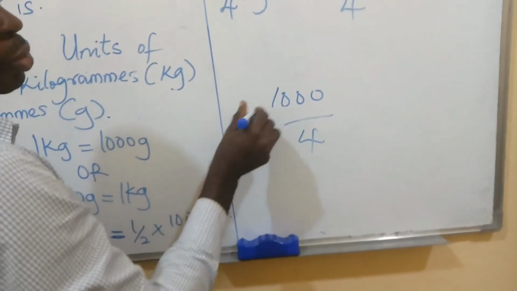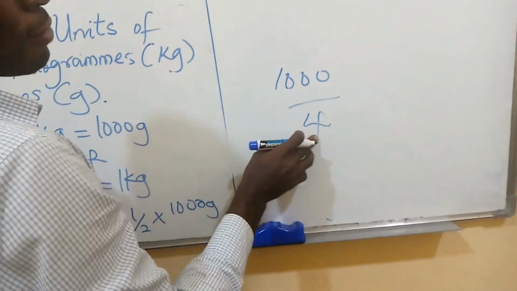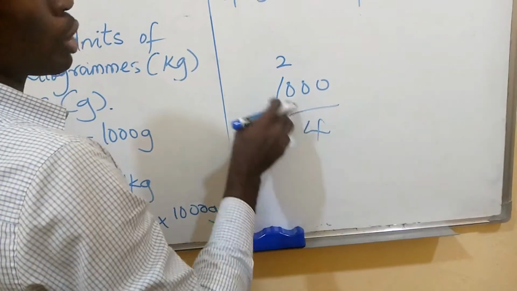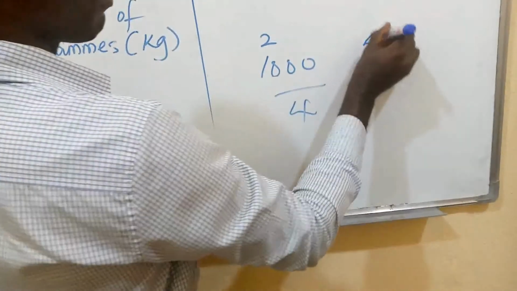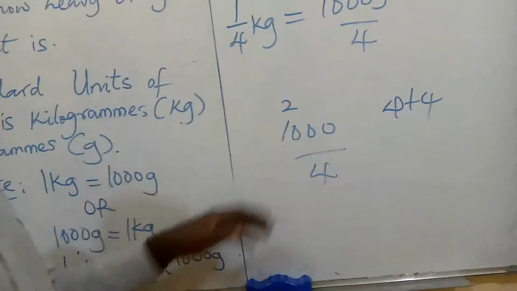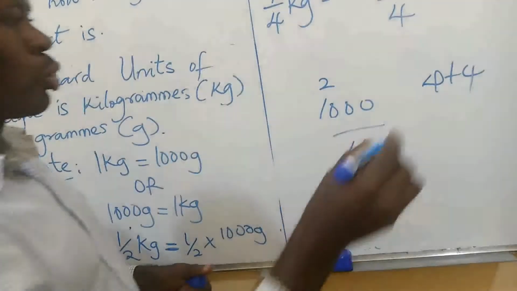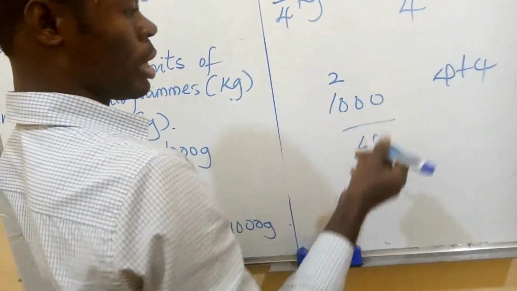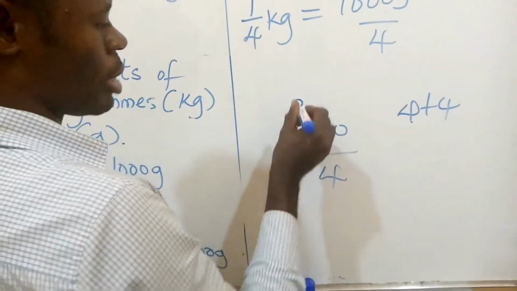We work with the first 2 digits there. 4 goes into 10 2 times, like saying 4 plus 4, which is 8, remainder 2. 2 is left to make up 10.